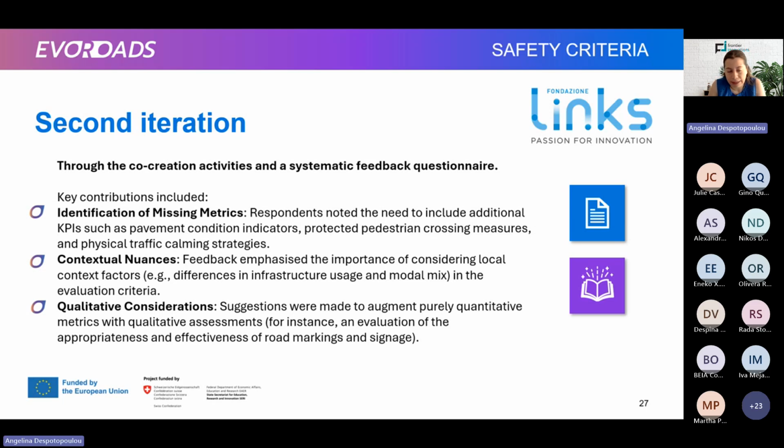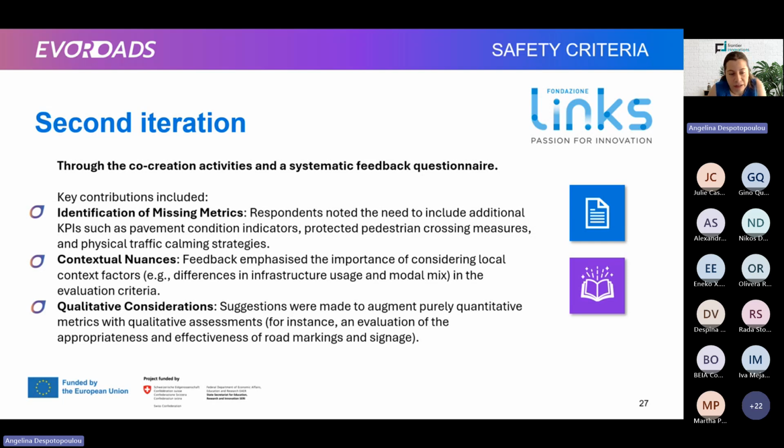They understood, let's say, that it was important to consider local context factors and not make generalizations about your criteria, because there are various differences from area to area, and they noted down also some qualitative considerations.